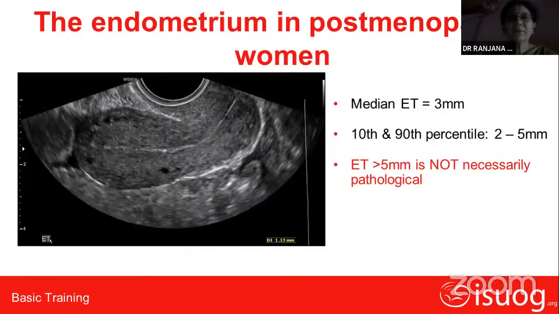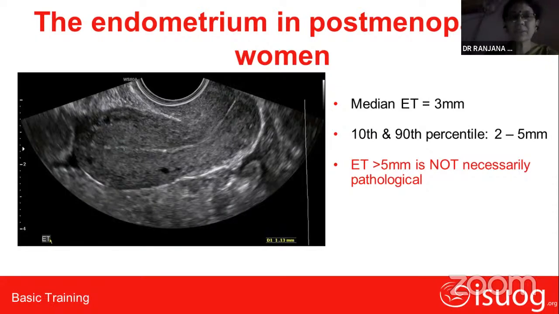Now comes the endometrium in the postmenopausal women. This is also very important. In the postmenopausal women, the thickness should not be more. Some studies say 4 millimeter and some say 5 millimeter. But if the thickness is more than 5 millimeter, that is not all the time pathological, because these days we are giving hormone replacement therapy, and some ladies with breast cancer are taking tamoxifen.